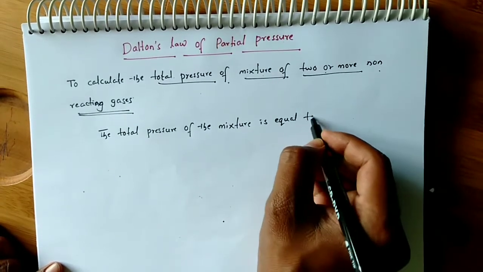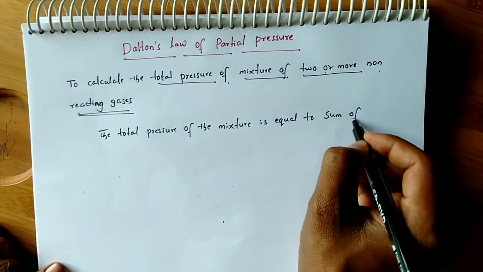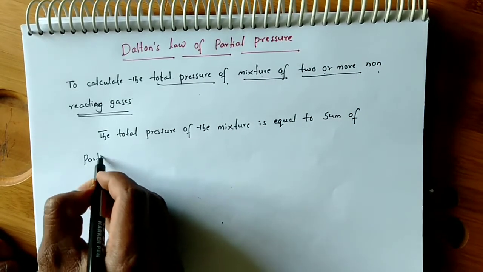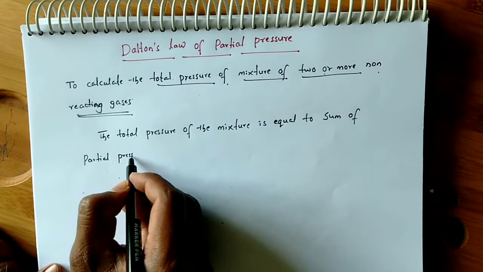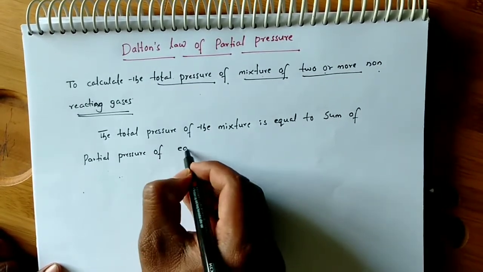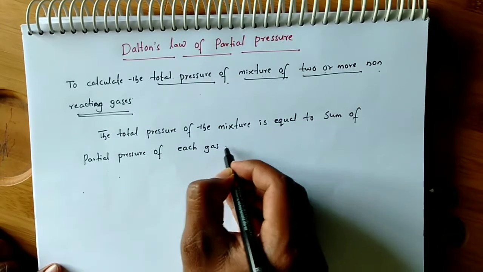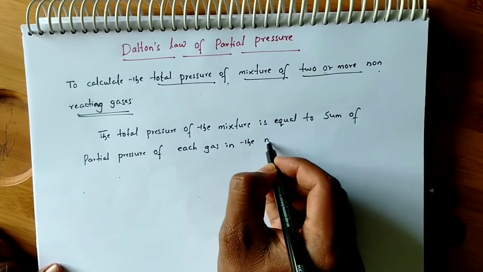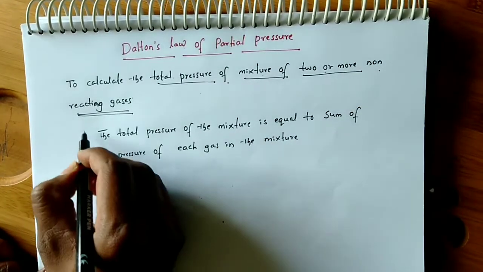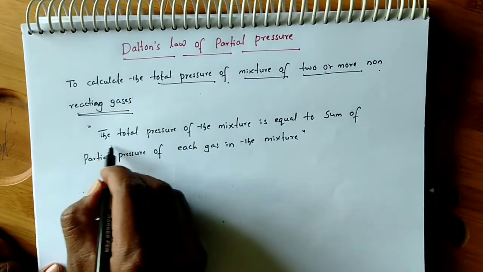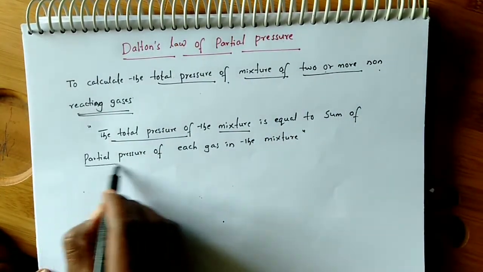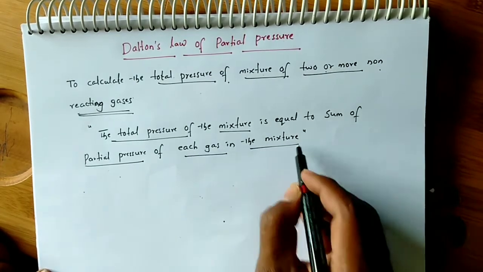It is equal to the sum of partial pressures of each gas in the mixture. Okay, these are non-reacting gases, no? So, a very important statement: the total pressure of the mixture is equal to the sum of partial pressures of each gas in the mixture.